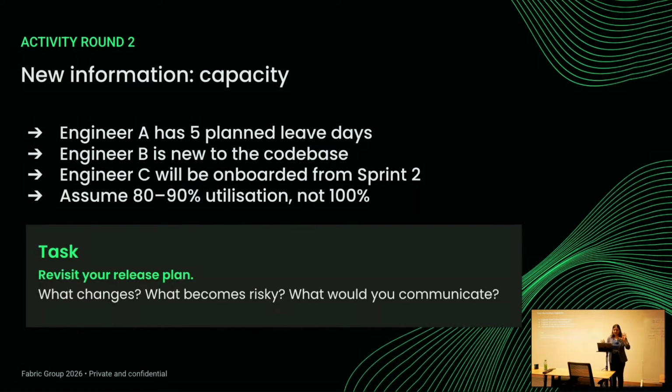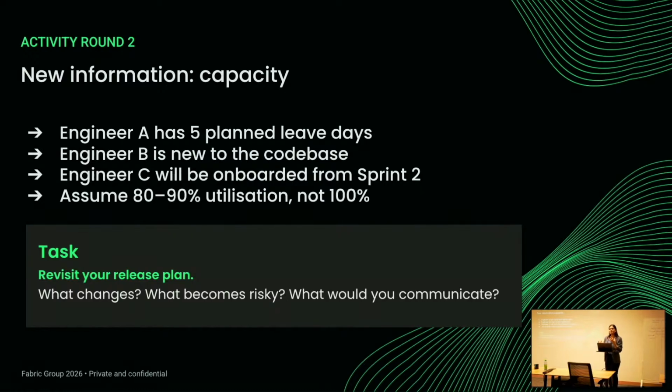Cool. So now, activity round 2. We don't have a lot of these rounds. This one is going to be to see how we understand this impacts. This is new information that is being released based on the capacity and availability information that we've received. Engineer A has 5 days leave planned, and engineer B is new to the code base.